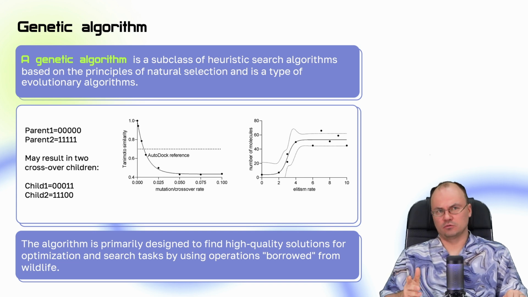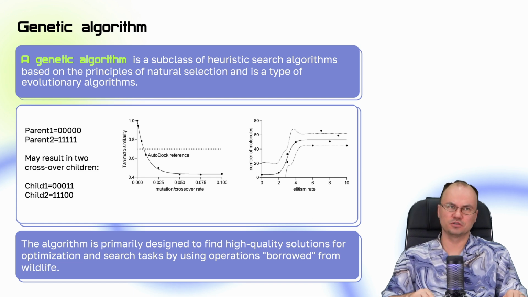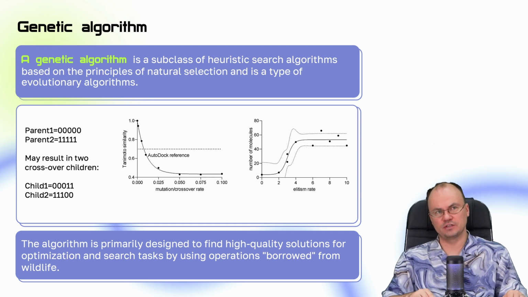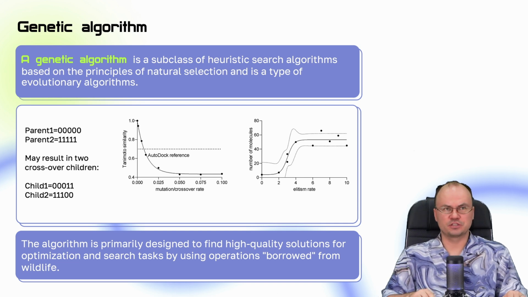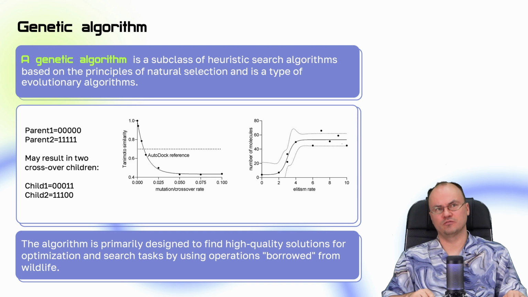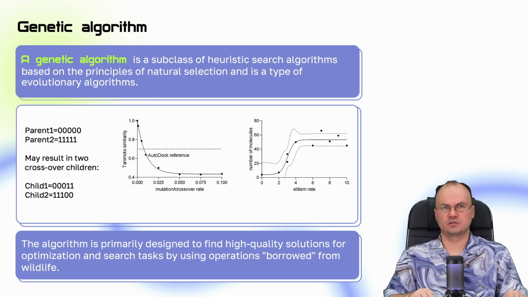We could also change different parameters using genetic algorithms, such as mutation rate or crossover rate. And when we change the mutation rate, we could also decrease the similarity of different substances, because the more mutations we introduce into the molecules, the less similar the molecules produced from this procedure would be.